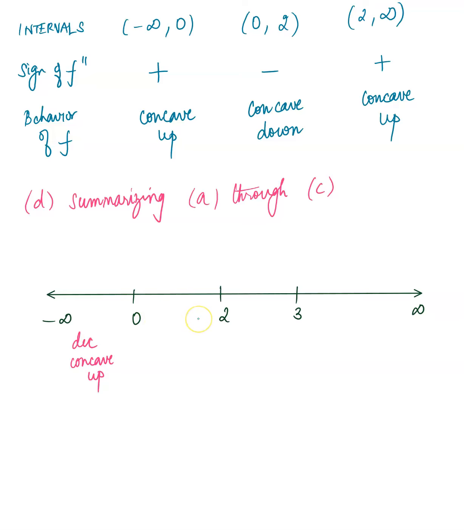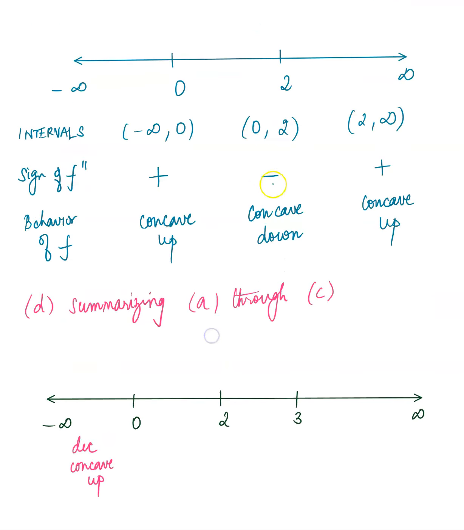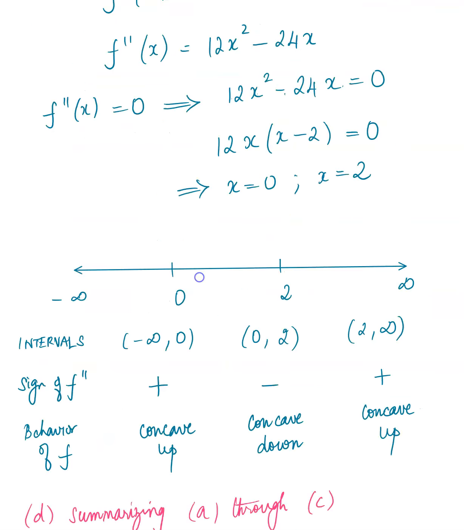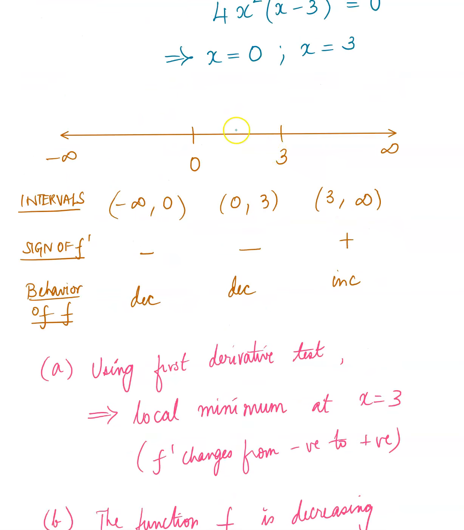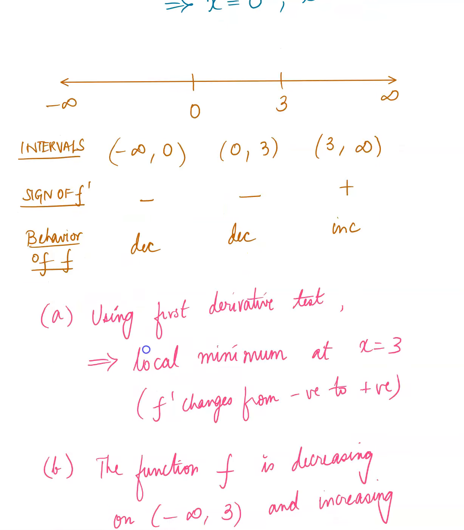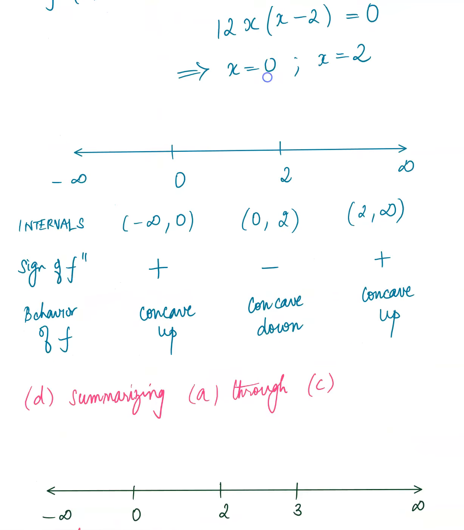0 to 2. 0 to 2 is concave down. But here it's 0 to 3. 2 is somewhere in between. But so 0 to 3 is decreasing. So 0 to 2 must also be decreasing. So decreasing and concave down.